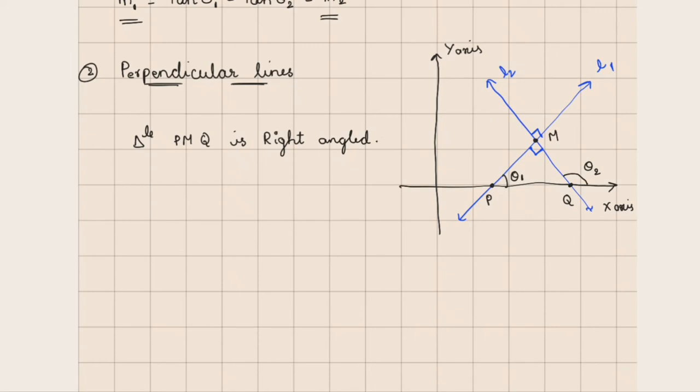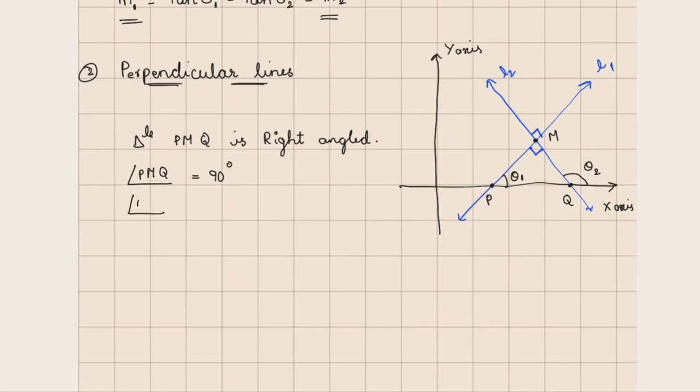So angle M is 90 degrees. Angle PMQ equals 90 degrees.